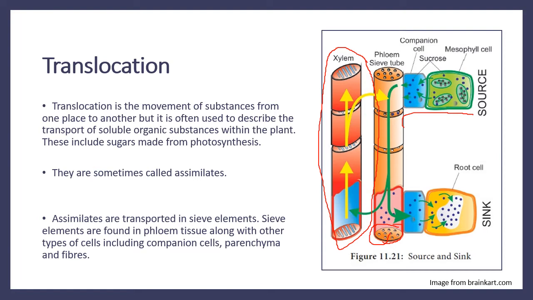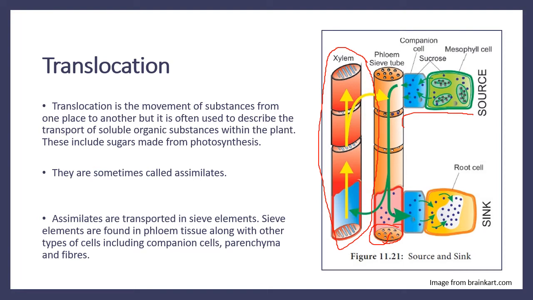In a sweet potato plant, the leaves would be the source, because that is where photosynthesis happens and sucrose is made, and the roots, where the sucrose is stored, which is what we eat, would be the sink. So always remember the difference between source and sink.